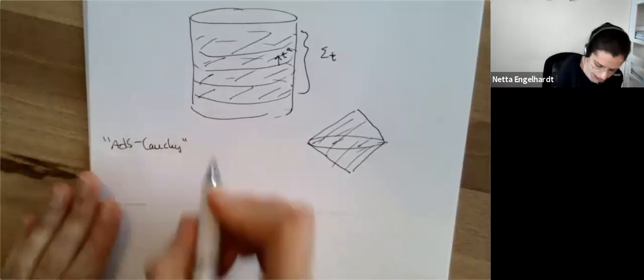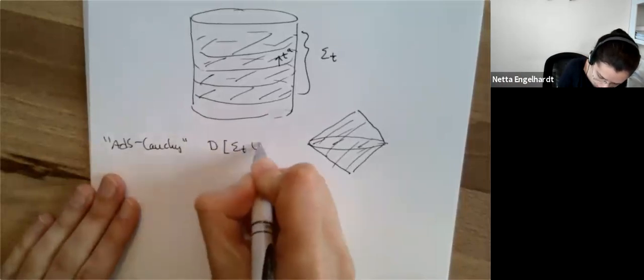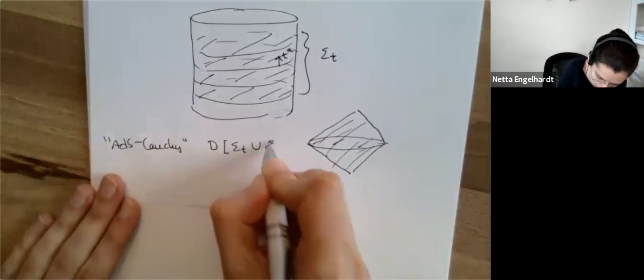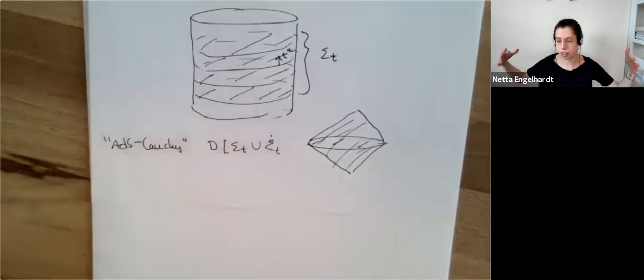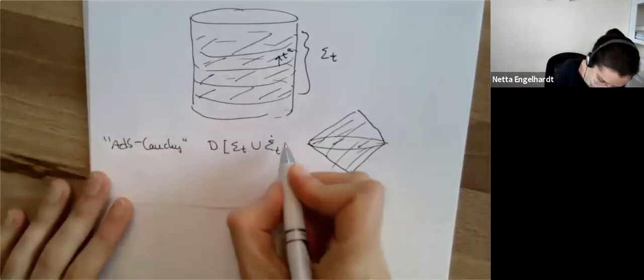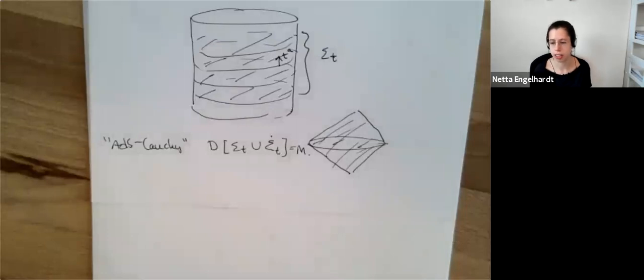And what we mean by that is if you take the domain of dependence of Sigma_T union its boundary, where this dot here means the asymptotic boundary. So here we're working in the so-called conformal completion, and this gives you your entire space-time. So this is what we mean by AdS Cauchy.